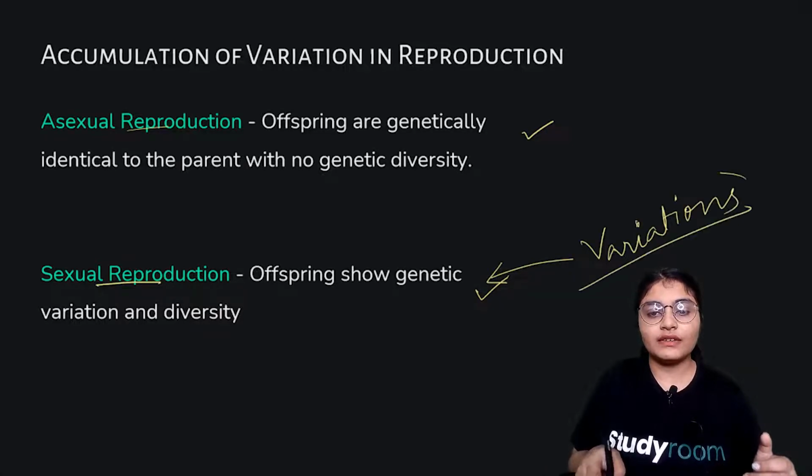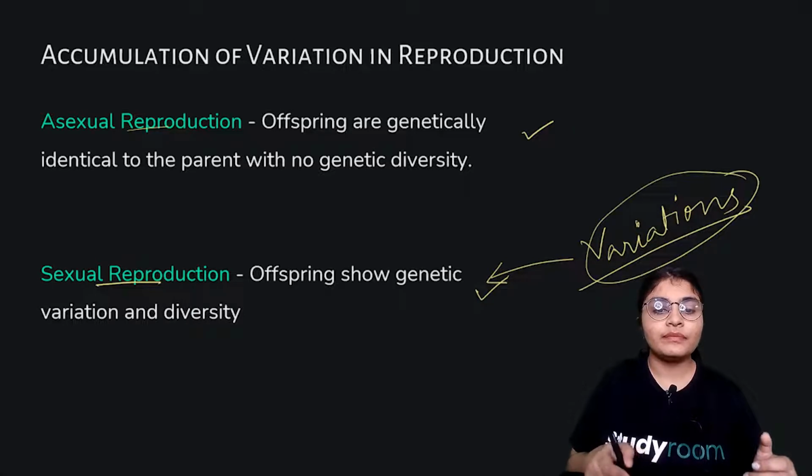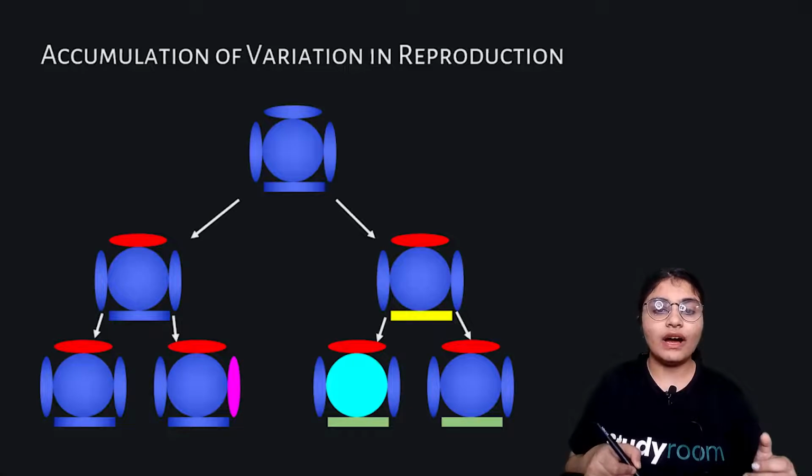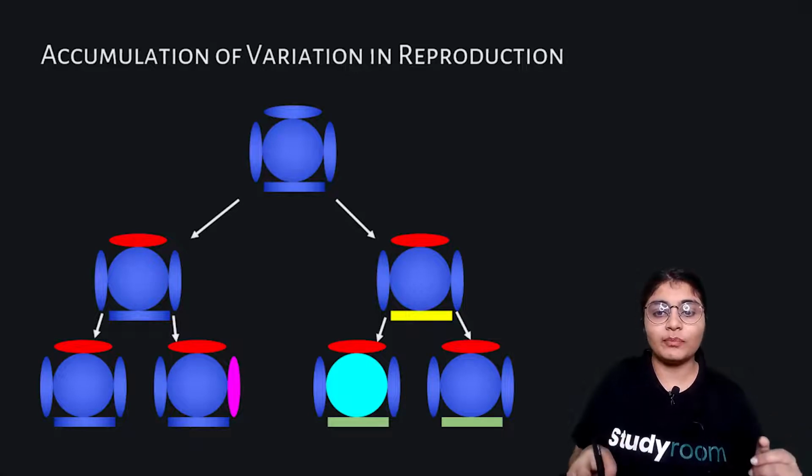Now, how is this variation accumulated? Here we have a very good figure where we can see how variations get accumulated generation by generation.